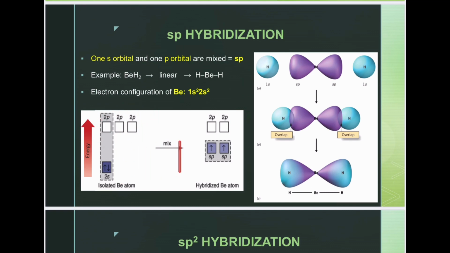And when mixed, the 1s and 1p here become the sp, have 2 orbitals, which is the 1s and 1p are mixed. So here 1 electron will jump to this 2p and they mix the orbital, become the sp for the hybrid orbitals of beryllium hydride.